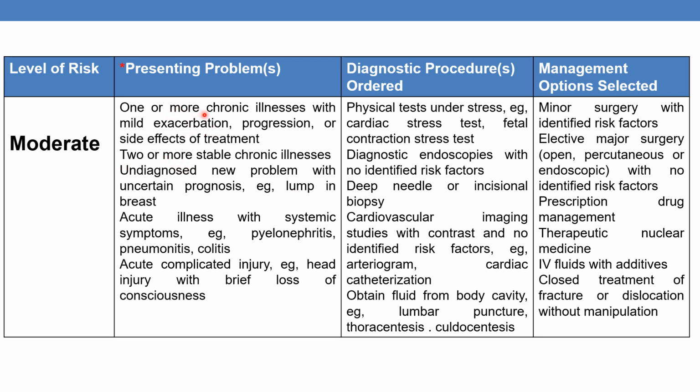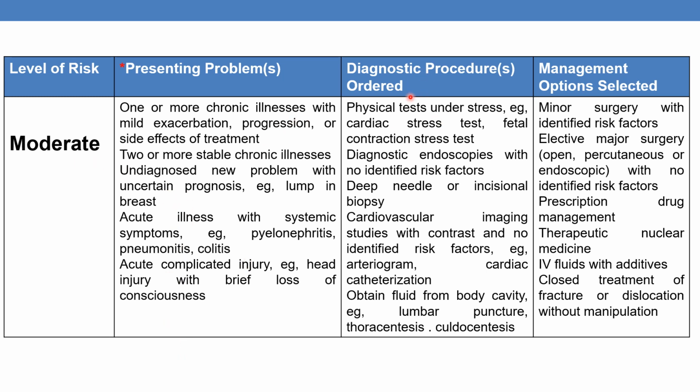Whenever the presenting problem is one or more chronic illness with mild exacerbation, progression or side effects of treatment, for example, adverse effects, etc. Or whenever there are two or more stable chronic illnesses, or when there is an undiagnosed new problem with uncertain prognosis, for example, lump in breast, or whenever there is acute illness with systemic symptoms, for example, pyelonephritis, pneumonitis, colitis, or whenever there is acute injury, for example, head injury with brief loss of consciousness. All these problems lead to moderate MDM.